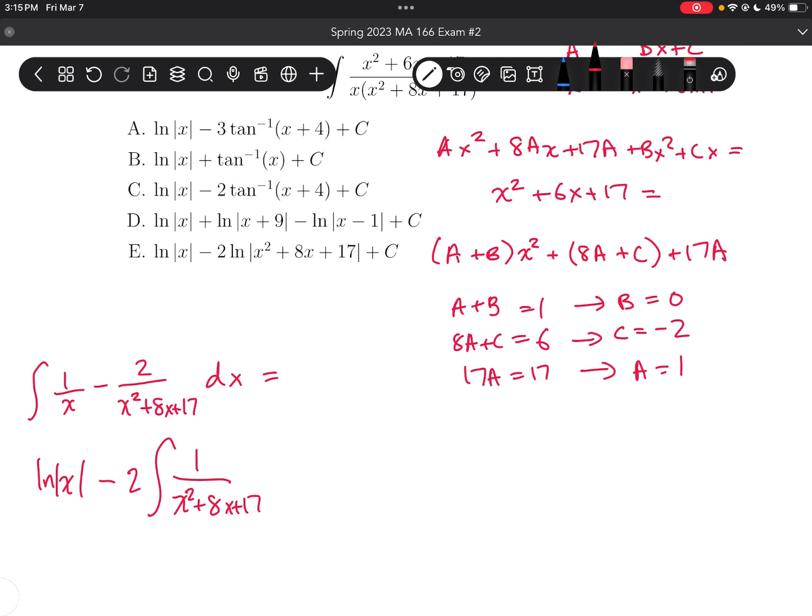There are two ways to do this. Let's see if we can factor this any more. It should be pretty obvious that we can't, because 17 is a prime number, so it can only be factored by 1 and 17, and x plus 1 times x plus 17 is not equivalent to that polynomial. So we can't use partial fractions again.